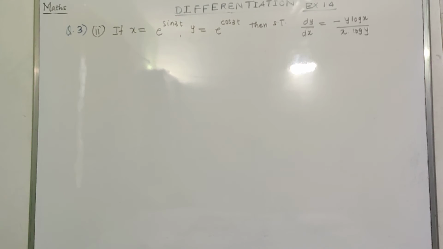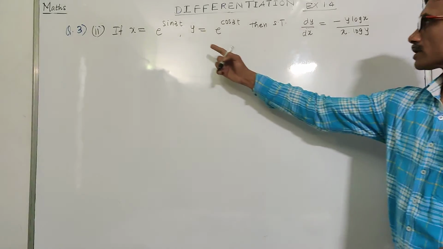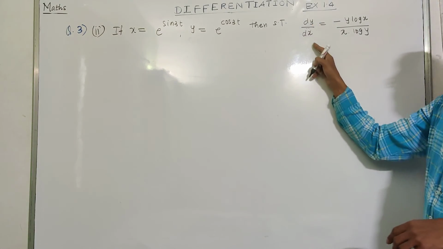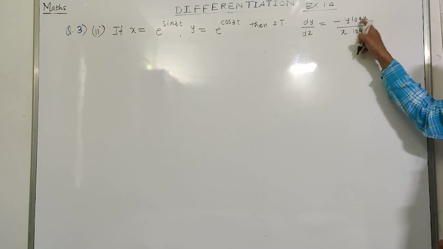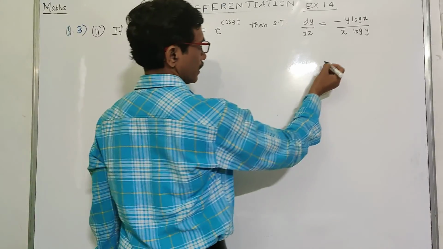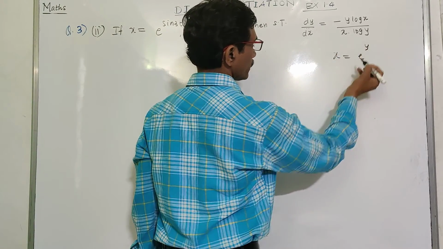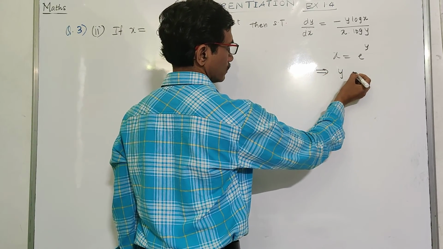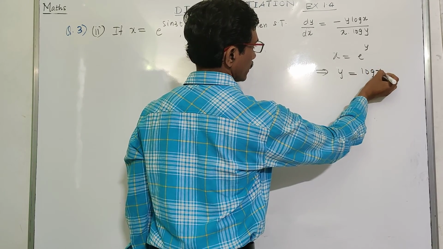Second sub question, here given x is equal to e raised to power sin 3t, y is equal to e raised to power cos 3t, and we show dy by dx is equal to... Here we use the fact that if x is equal to e raised to power y, then y is equal to log of x.